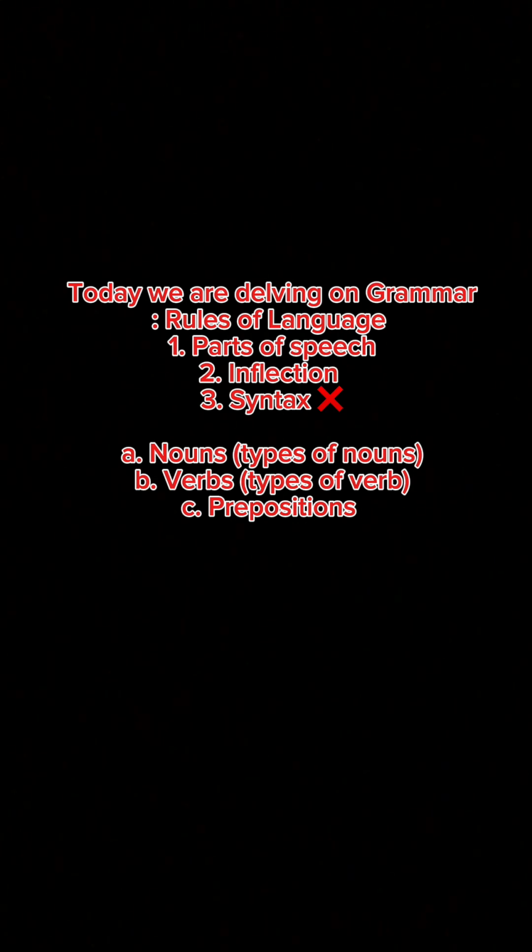And we have examples of auxiliary verbs. When we say it is raining, the sentence "it is raining," the auxiliary verb helps the main verb.